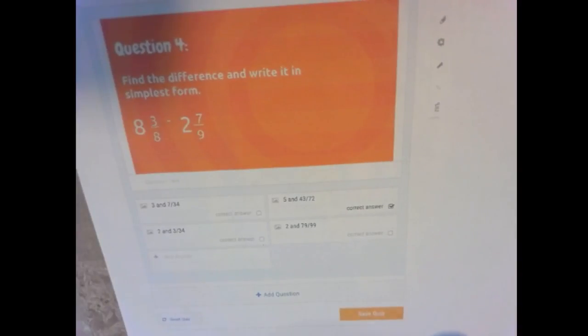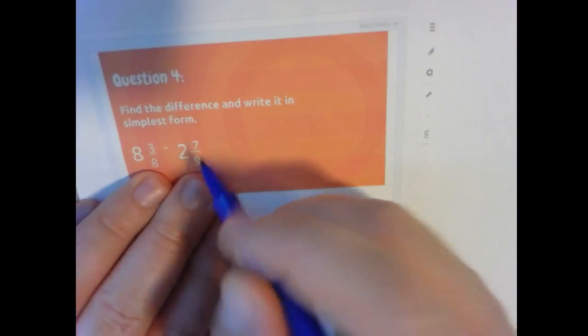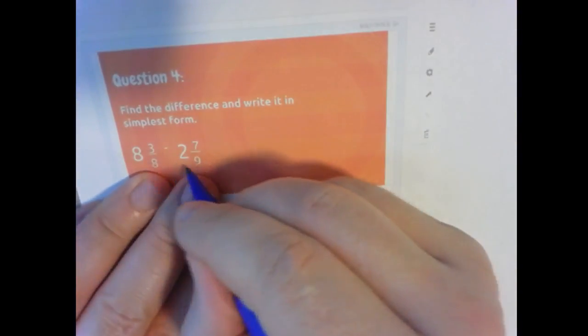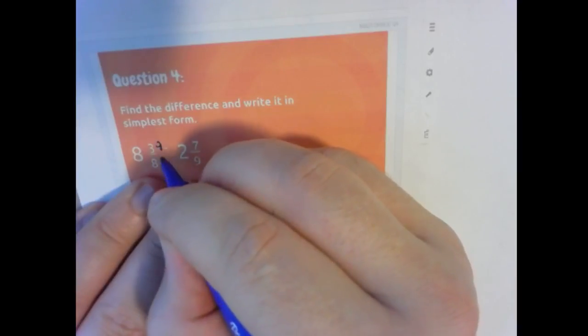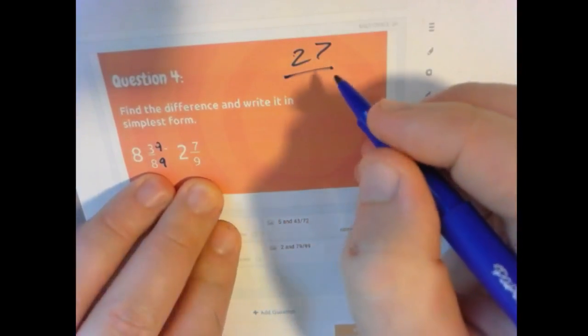Okay, next one. Find the difference and write it in simplest form. So we need to get common denominators. If I multiply this fraction over here by the denominator of 9, I'm going to get 3 times 9 would be 27 over 72.